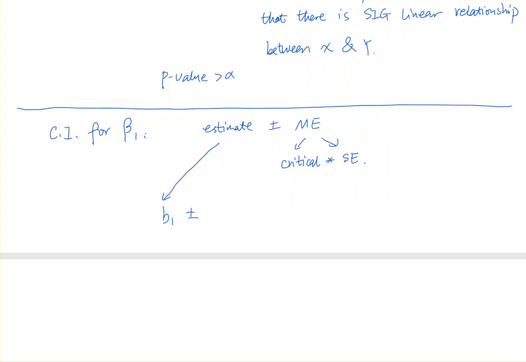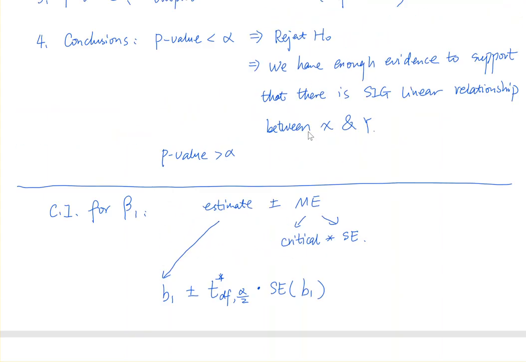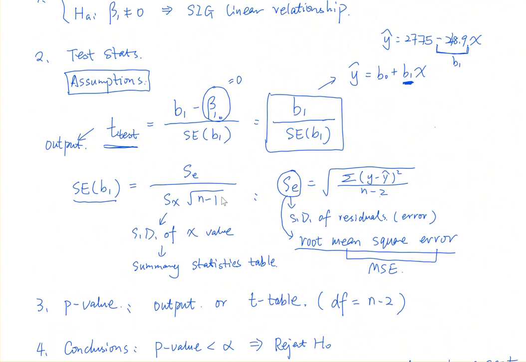So what is the critical value? Since we are using the t-test, the critical value will be t star, and to find the t star, you need to combine the degree of freedom and alpha over 2. Then times the standard error of b1, which we found either from the output or by this formula. You don't need to calculate by this formula, so this is also from the output.